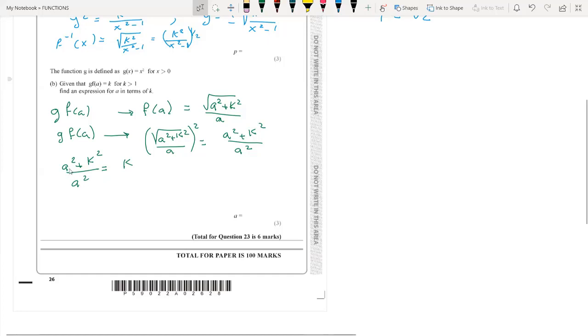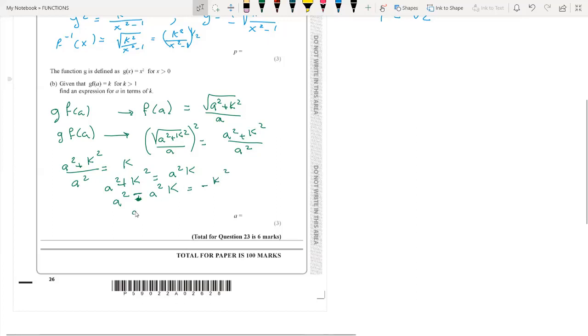So a squared plus k squared is equal to a squared k, and then bring a squared k to the other side. So we have a squared minus a squared k is equal to minus k squared.